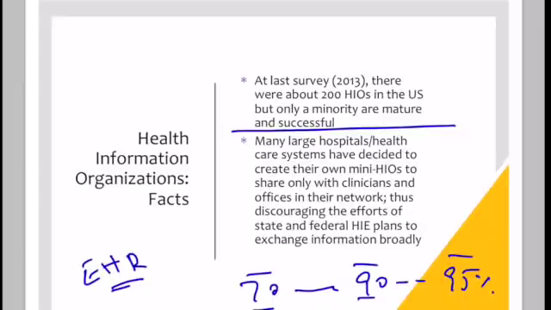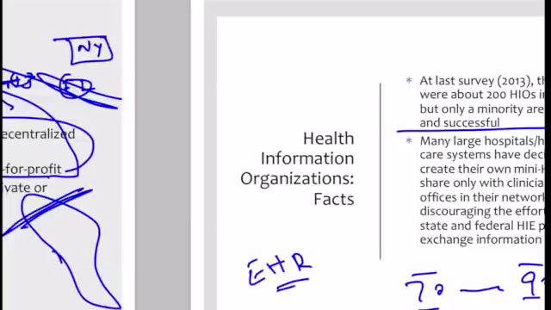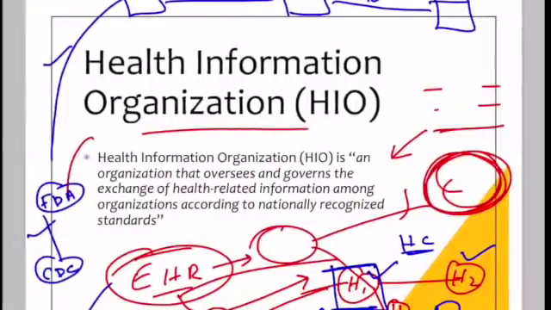Many large hospitals and healthcare systems have decided to create their own mini HIOs. As I mentioned, for example, the bigger setups, like Northwell Health here and others, have their mini offices. They have a team with designated roles, and their job is to connect with the different hospitals and assist them.